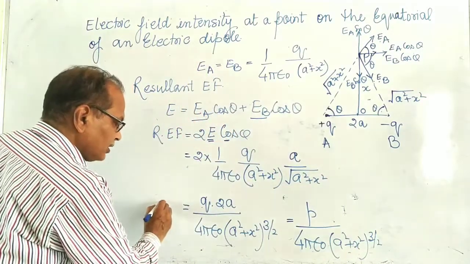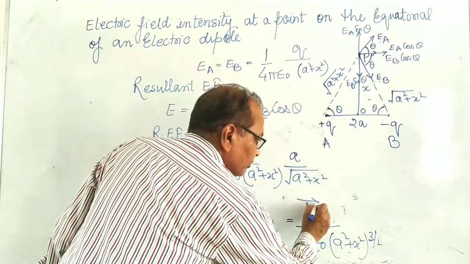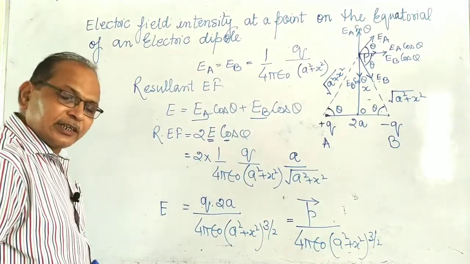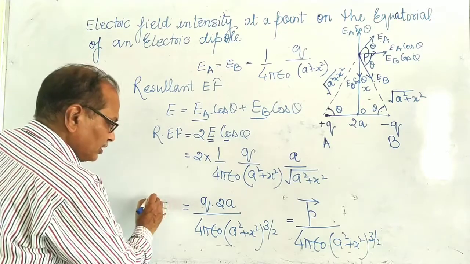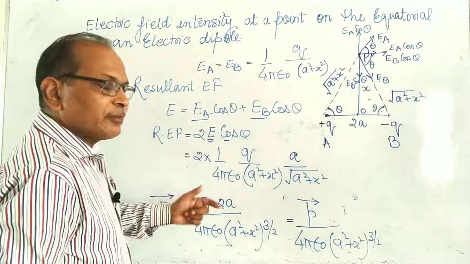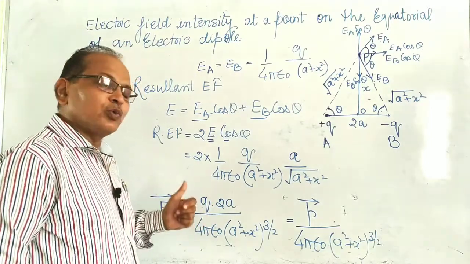As this is the net electric field, this is a vector quantity, the direction of the P is always from negative to positive. This is also a vector quantity. This is the vector representation of the net electric field due to the dipole.